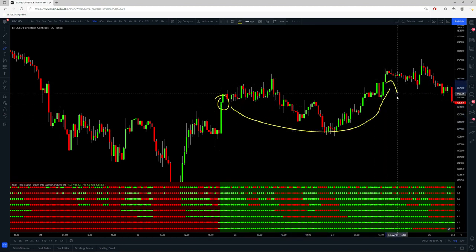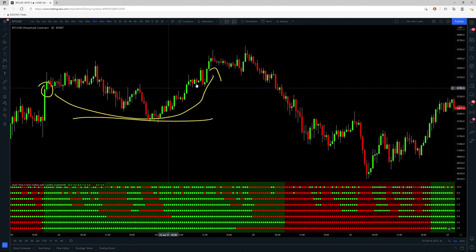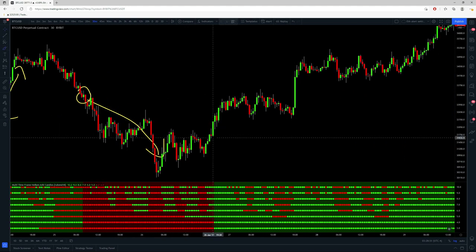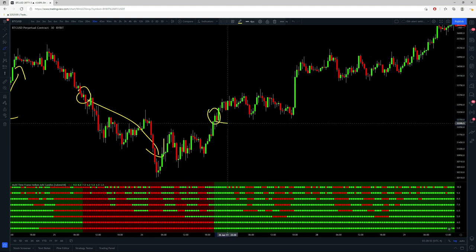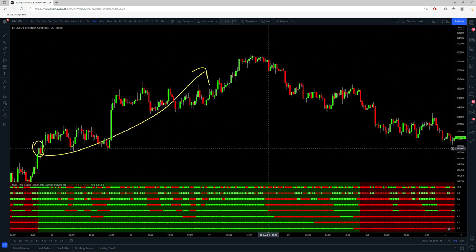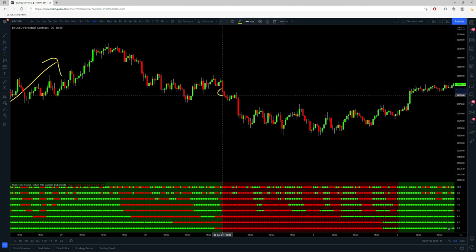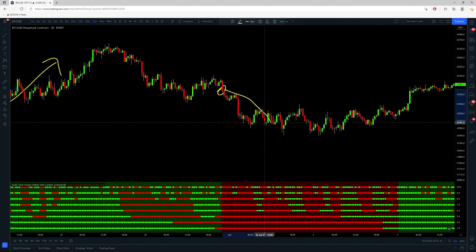So it gets a little pullback, a little move in the favor, but this is one of the worst ones that we've seen. This one gets quite late on it. Still not too bad right there.